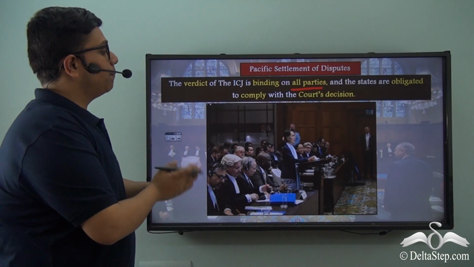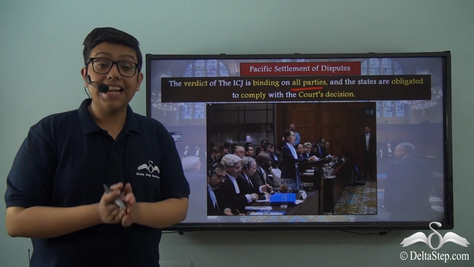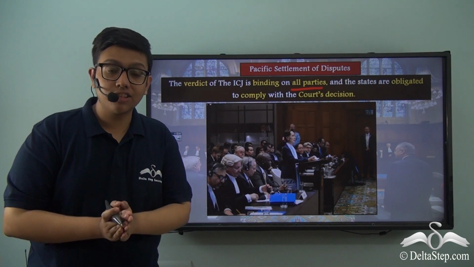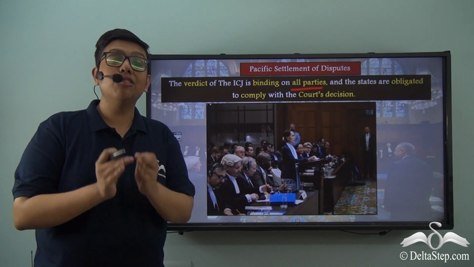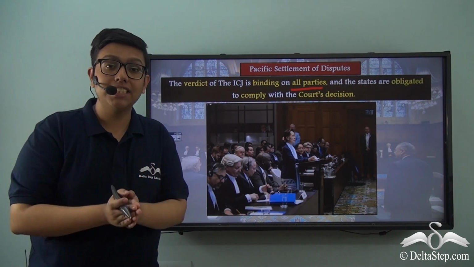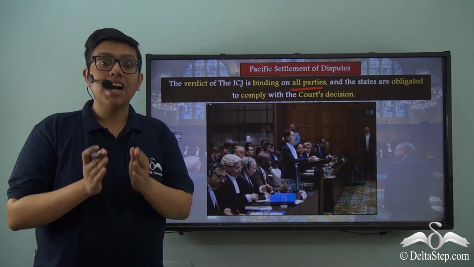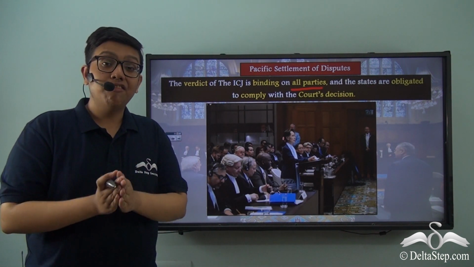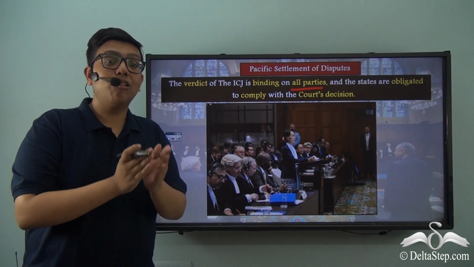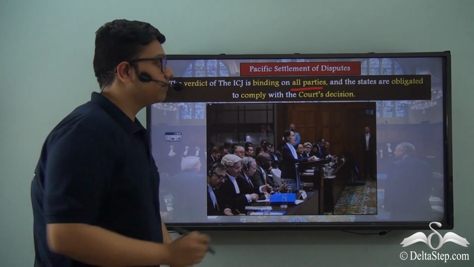Over here we see a picture of Nobel laureate and erstwhile Foreign Affairs Minister of Myanmar defending her country's military against genocide allegations made towards it during the Rohingya crisis. However, the verdict which was made by the International Court of Justice was binding on her government and also the other party involved.